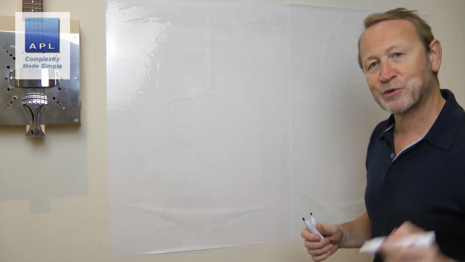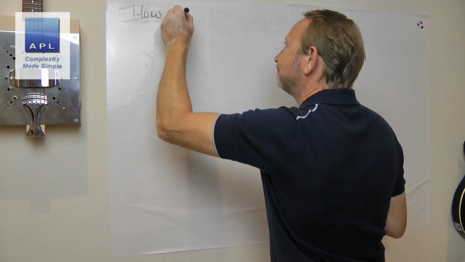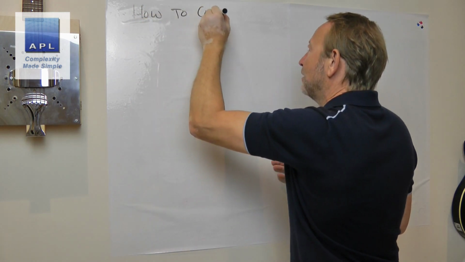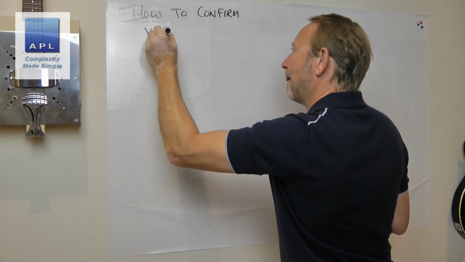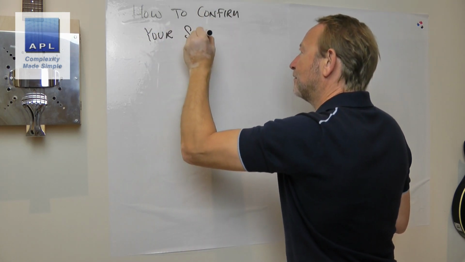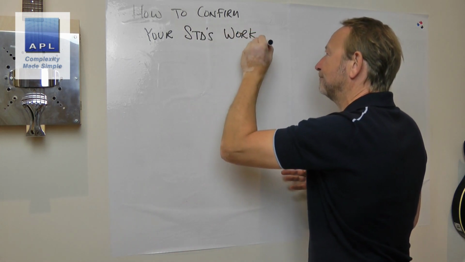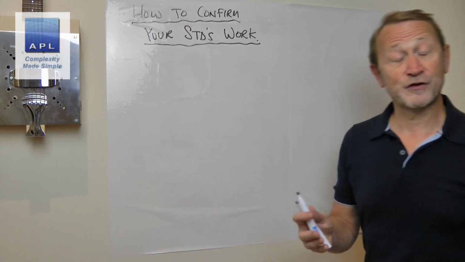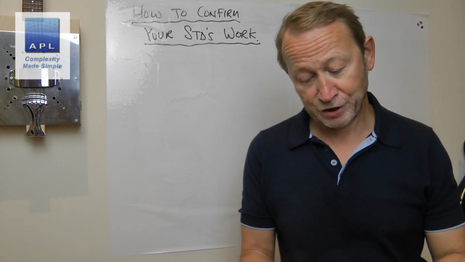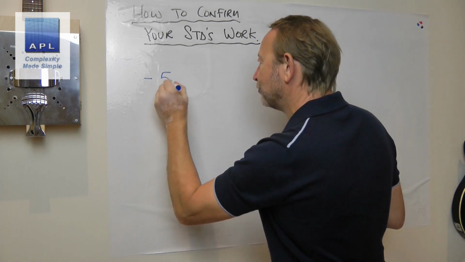So Tom came up with 5 questions. So really what this is about is how to confirm your standards work, or how to confirm your standards are going to work. Now Tom came up with 5 questions.